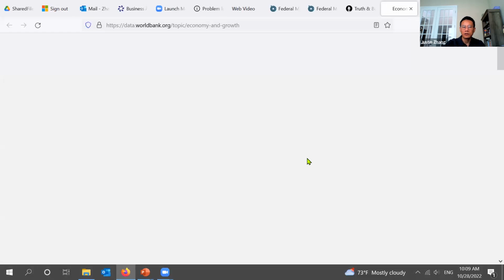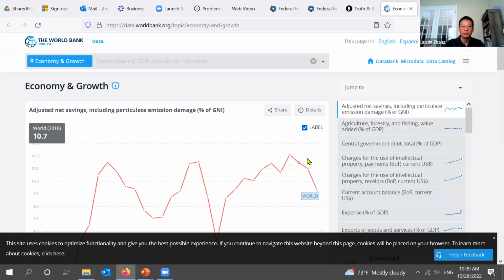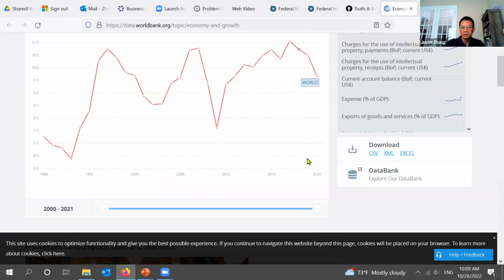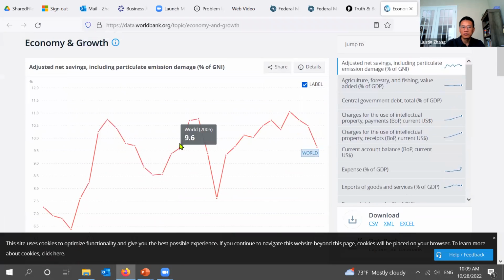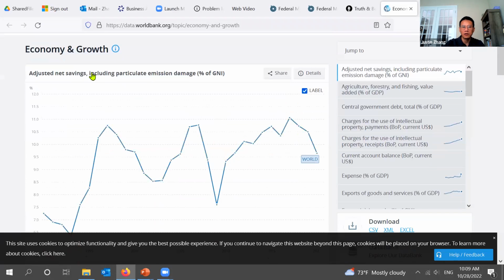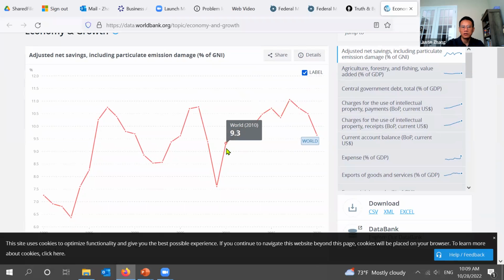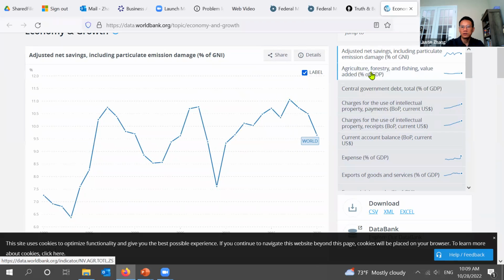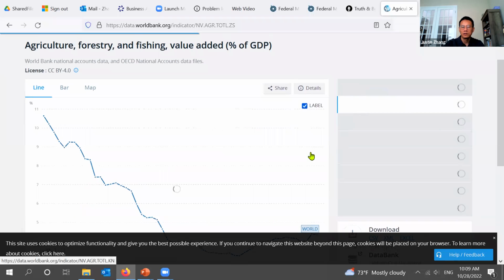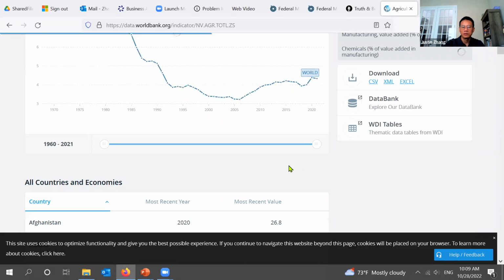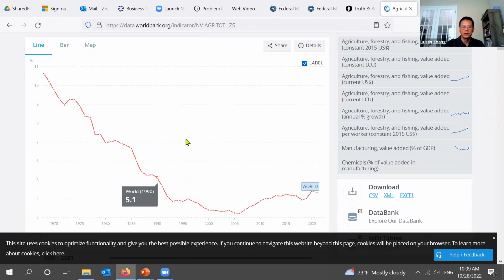It's the economy and growth example from the World Bank. So you can see the focus is on economy and growth. So that's the explanatory nature, and it's interactive. You can actually choose particular parameters to customize this interactive visualization.